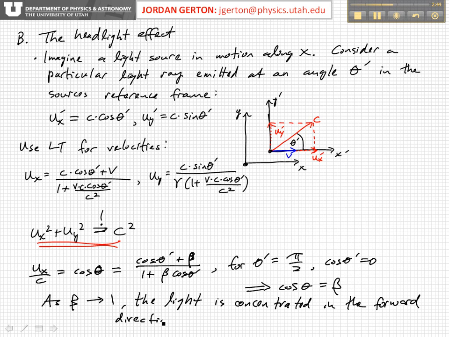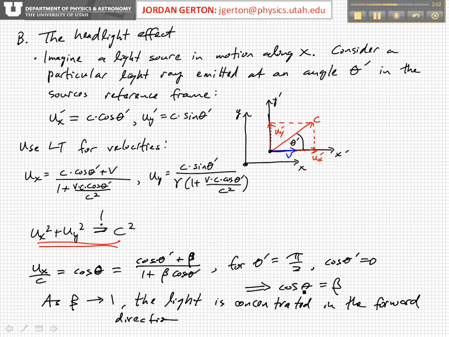Why? Because if beta gets larger, that means cosine theta gets larger, and that means theta is getting closer to 0. And so this is the headlight effect.